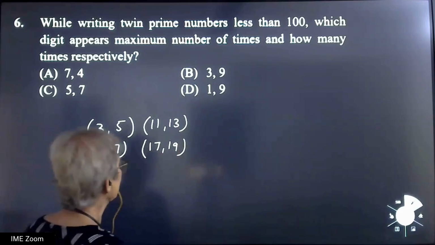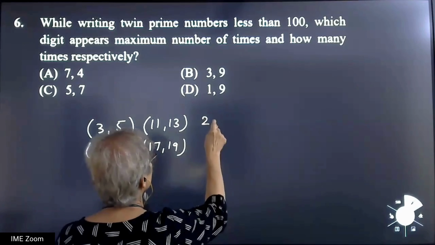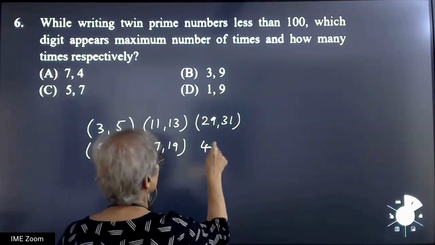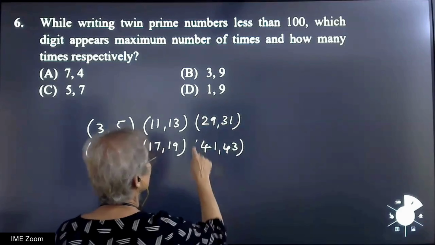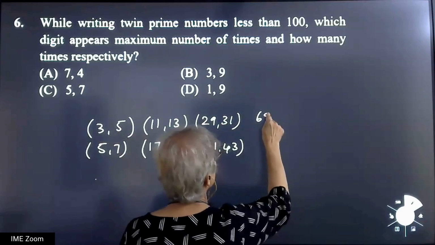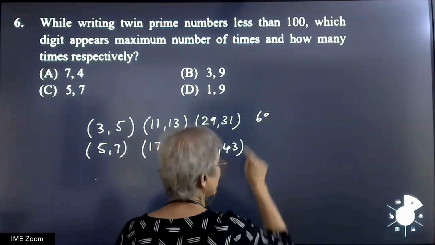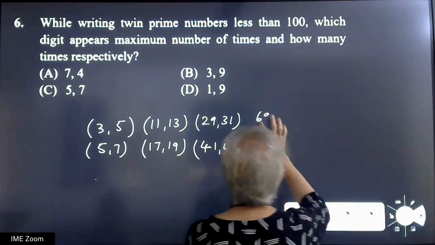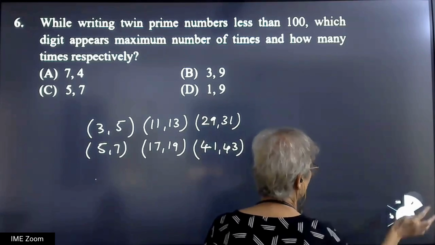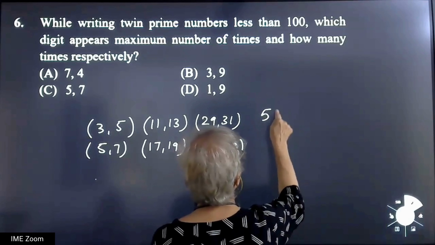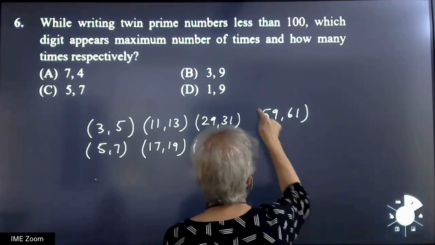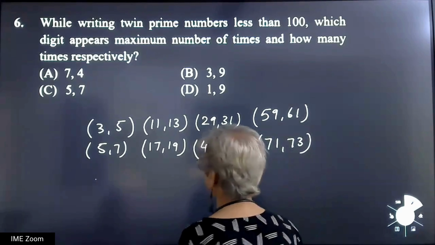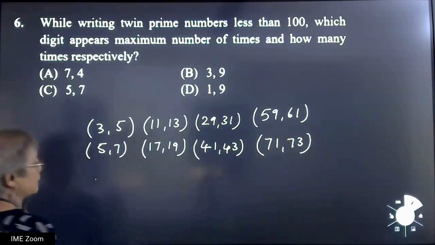They are twin primes. Then afterwards 29, 31. Then 41, 43. Then 59, 61, and last is 71, 73. These are the 8 pairs of twin primes, right?